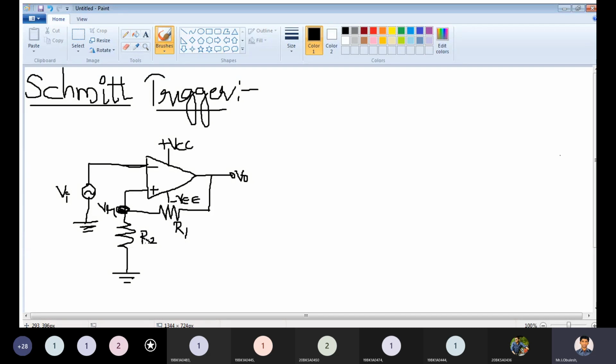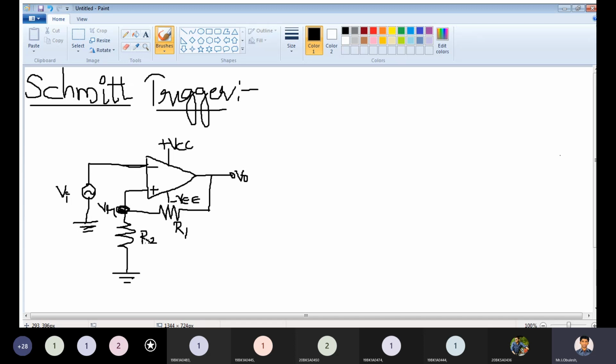Thus, the output is always at plus V saturation or minus V saturation.